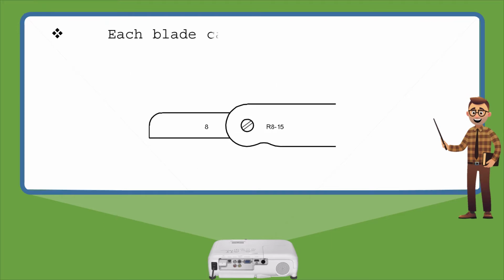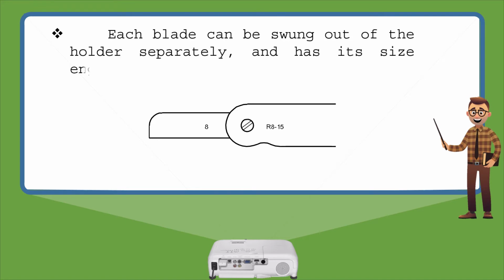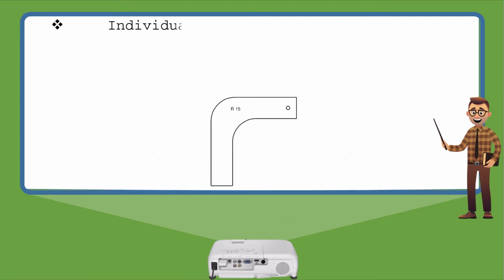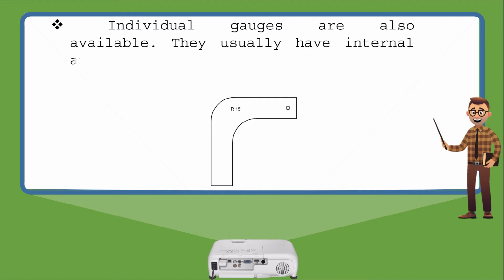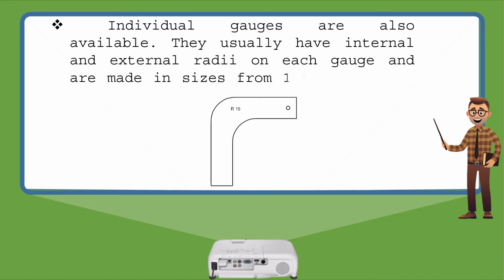Each blade can be swung out of the holder separately and has its size engraved on it. Individual gauges are also available. They usually have internal and external radii on each gauge, and are made in sizes from 1 to 100 mm, in steps of 1 mm.